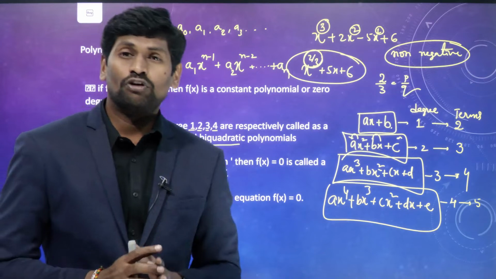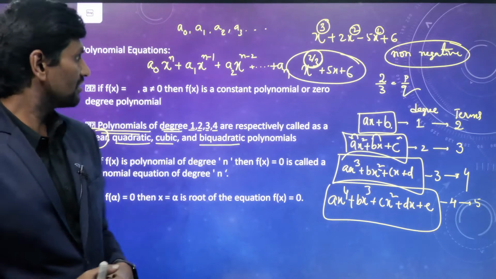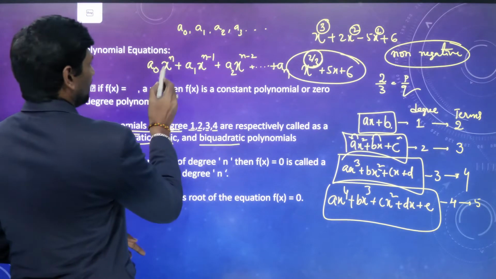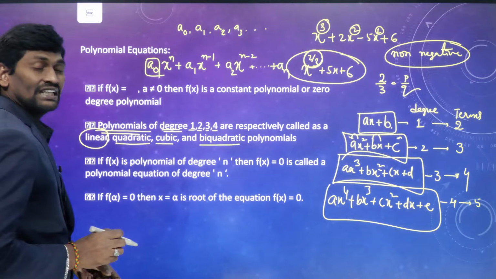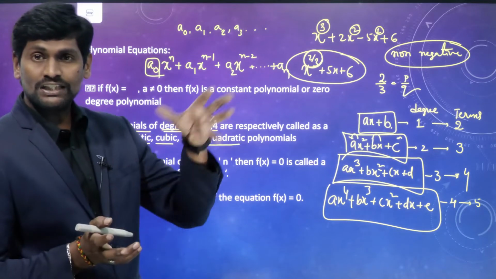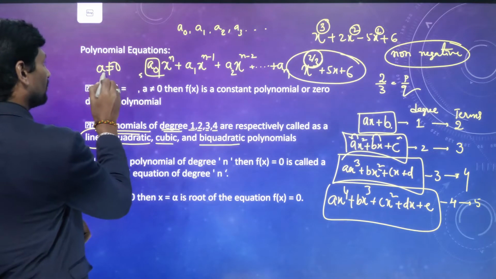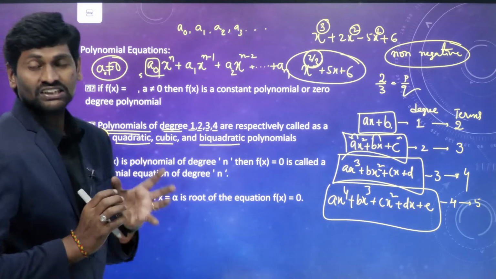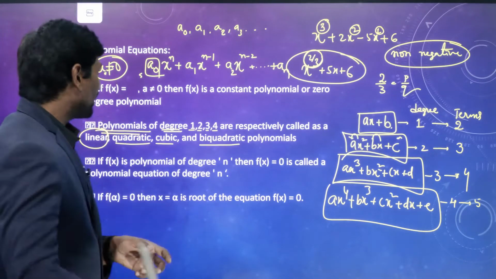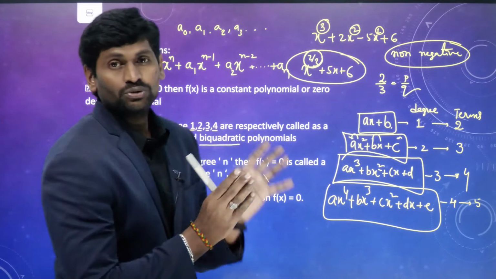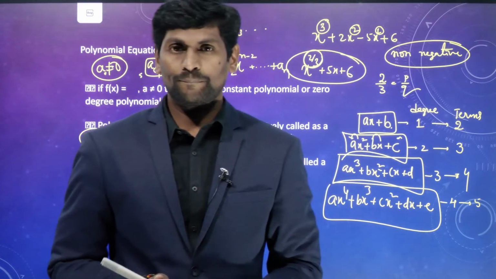So this is the general form of an nth degree polynomial, where a naught is the coefficient of x power n. Here the condition is that a naught is not equal to 0, because if a naught becomes 0, then it could not be an nth degree polynomial.